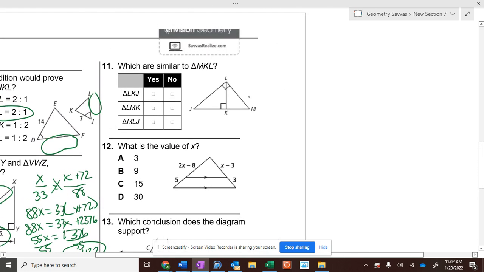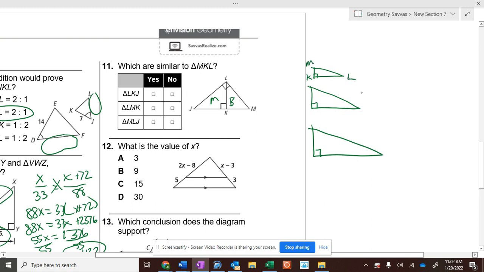Okay, similar triangles. Baby, mama, and the big one's papa. So what's the right angle of baby? K. What's the short side of baby? KM.